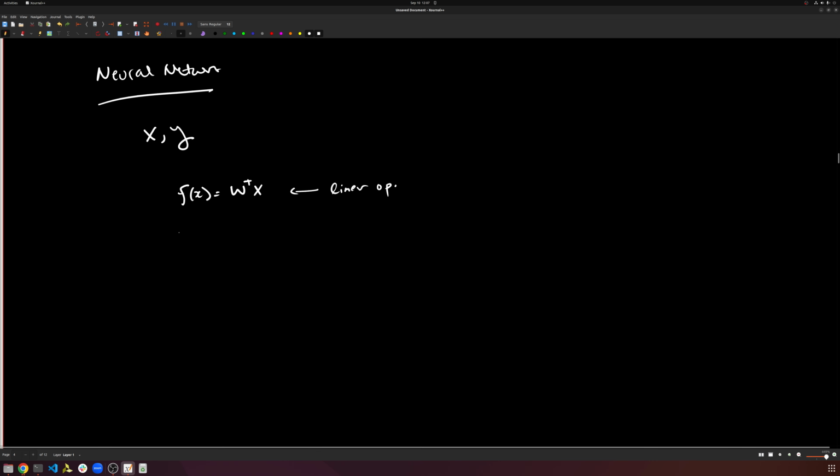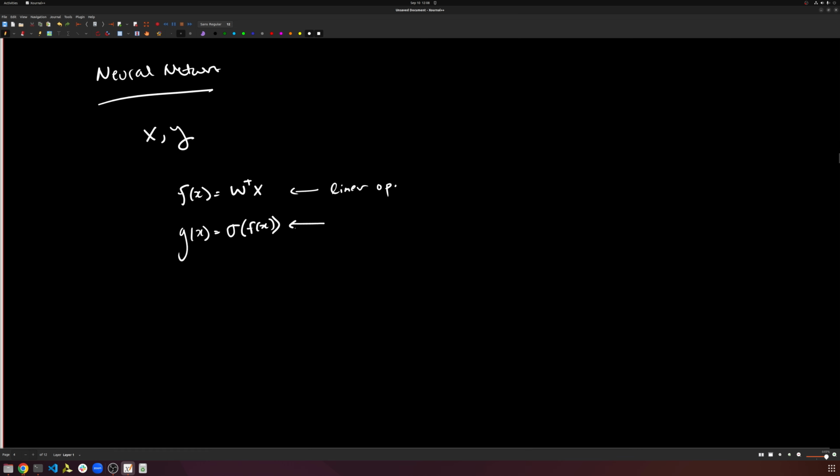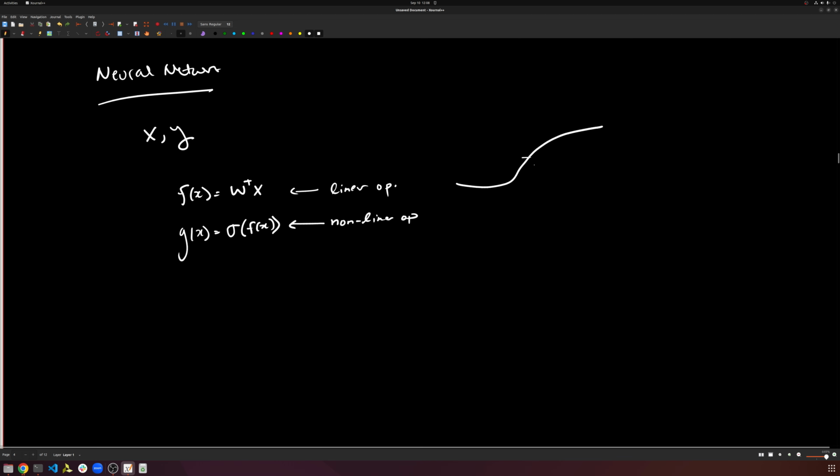Then we're going to create a g of x, which is going to be, let's say, the sigmoid of f of x. Why sigmoid? I don't know. It's just an arbitrary activation function. You can pick any one of them. And so this is going to be a non-linear operation. Sigmoid is a nonlinear function that looks kind of like this, with 0.5 at the middle.